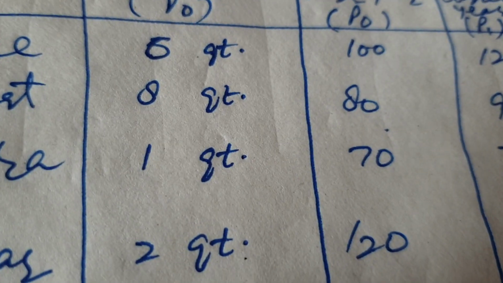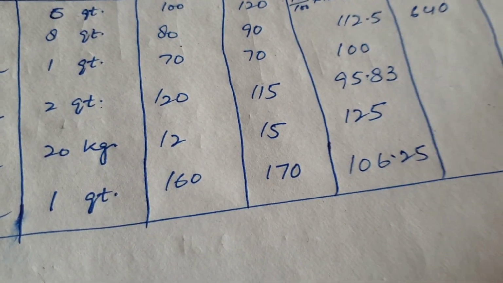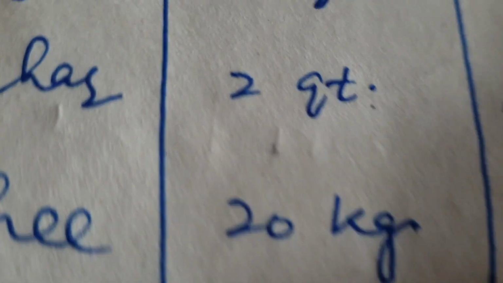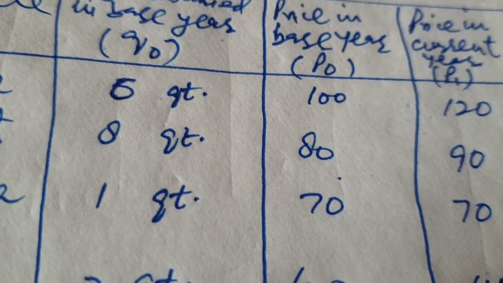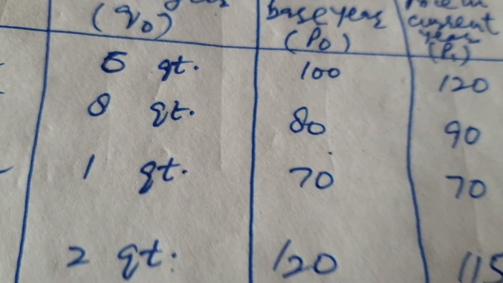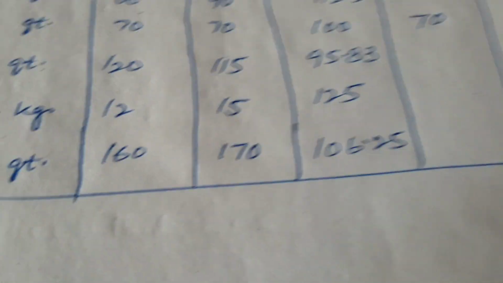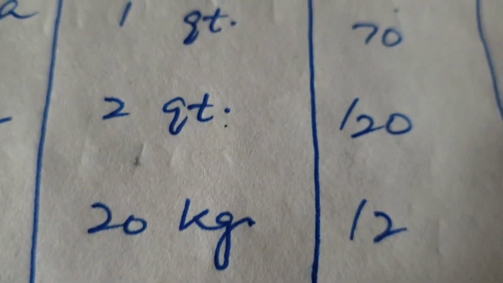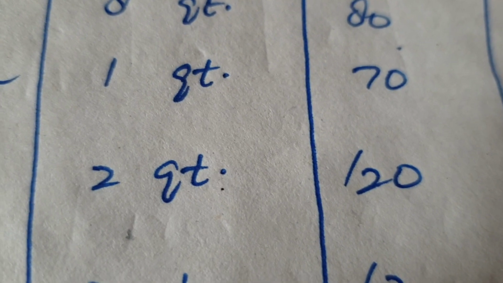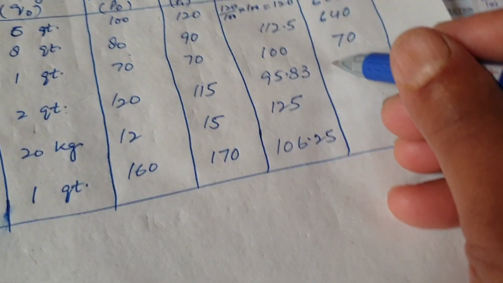Then 8 multiplied by 80, we get 640. Then P0 into Q0: Q0 is 1 and P0 is 70, so 1 into 70 is 70. Then 120 into 2: the quantity is 2 quintal and the price is 120, so we get 240.